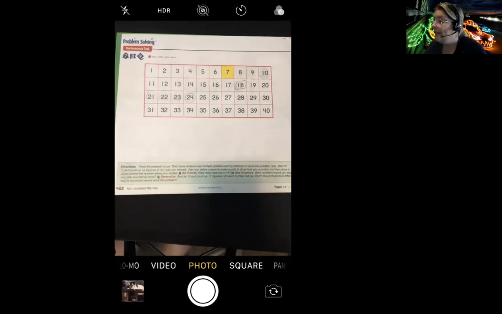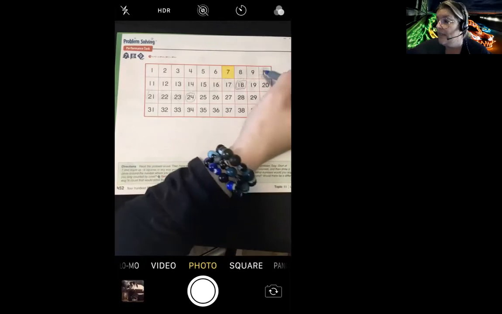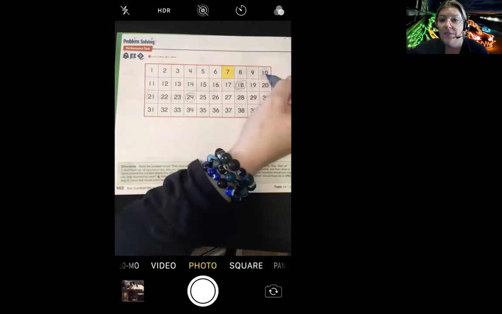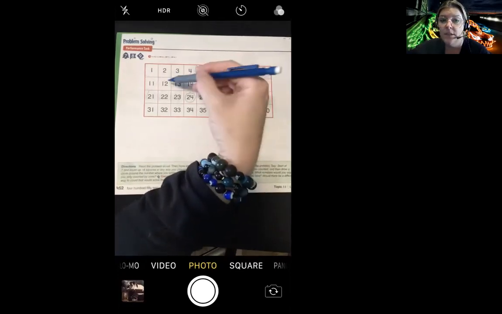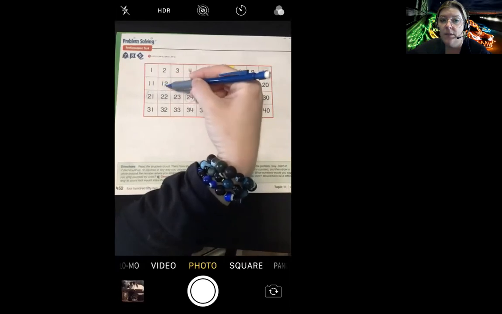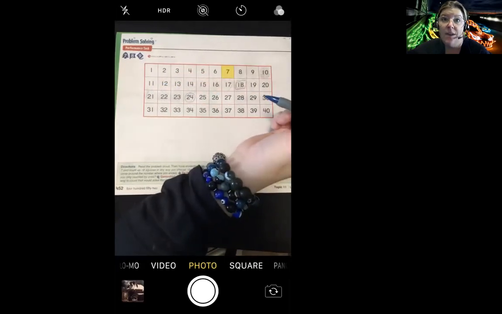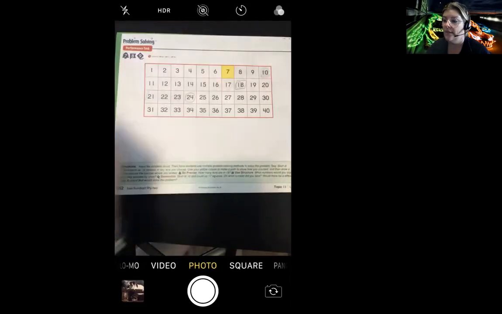Okay. Now I want you to count up 17 squares. And you're going to do this one on your own because we did the first round where we started at 7. So 10 is 1, and then you're going to count up 17. So 1 square, 2 square, 3, 4, up to 17. Okay, friends, go ahead and do that now.